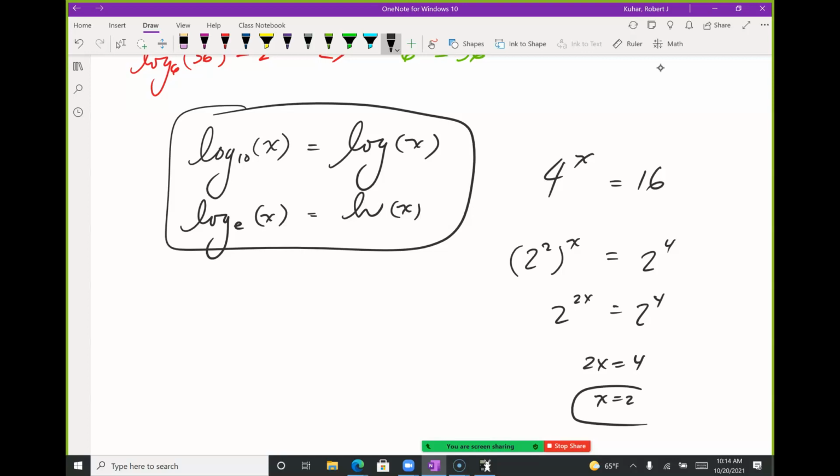Yes. But the ones I'm going to give you, you're not going to be able to. You'd have to do this process. So right now we only have one process, and that is if we have the same base, get it written to the same base, and then set the exponents equal to each other and solve it. And again, this one you could have done in your head. But the ones that we're going to get to in section 5-6, you cannot do in your head. They're too difficult.